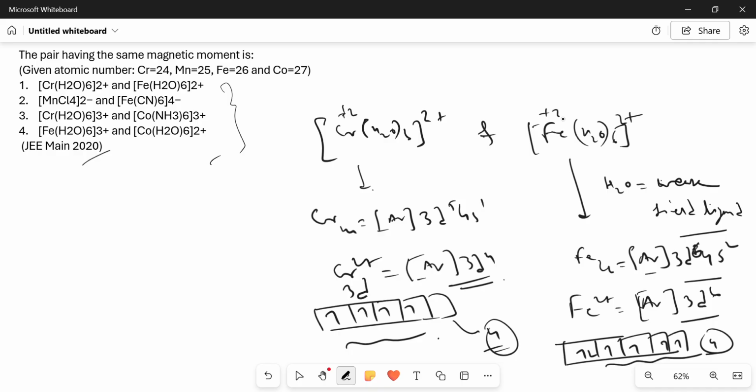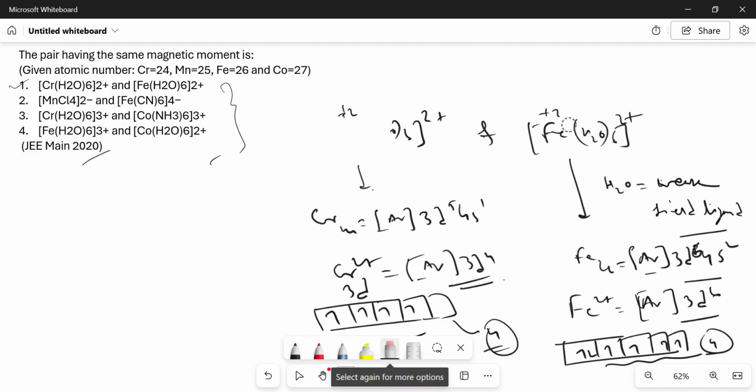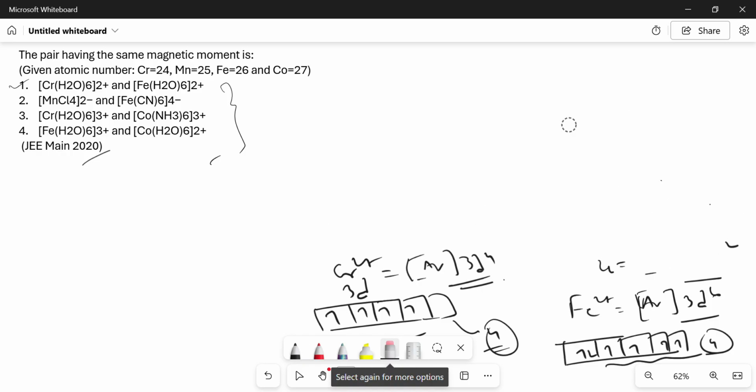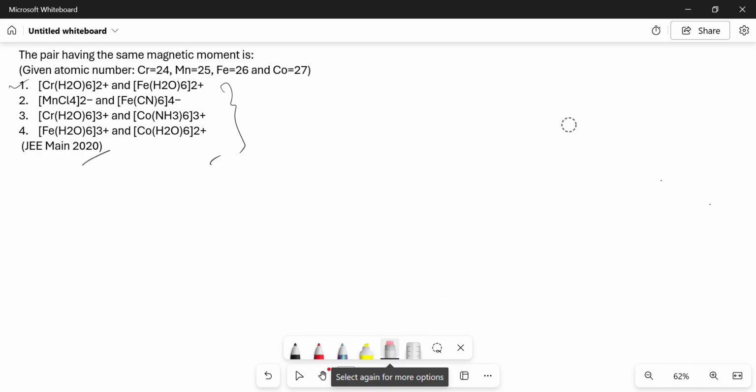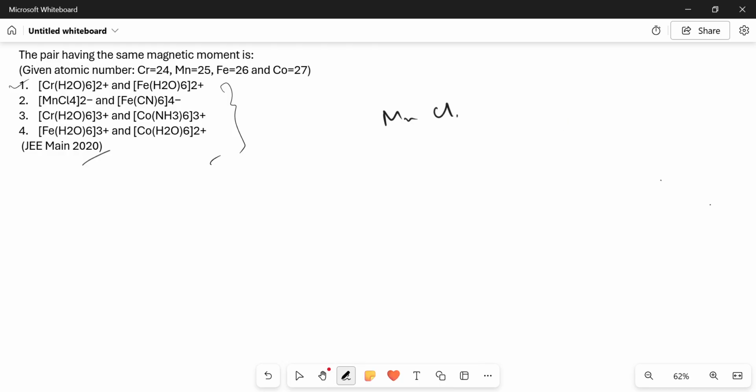Now you have to cross-check the other options. Next is [MnCl4]2- and [Fe(CN)6]4-.